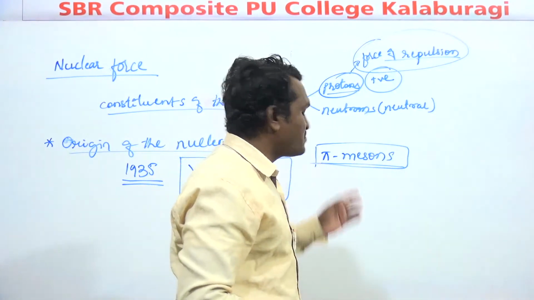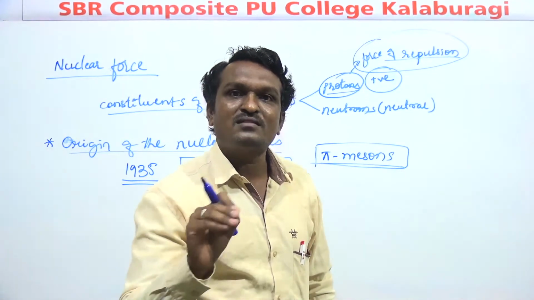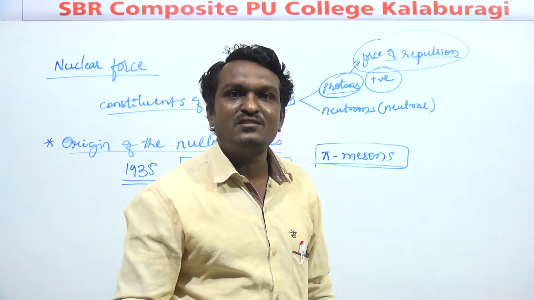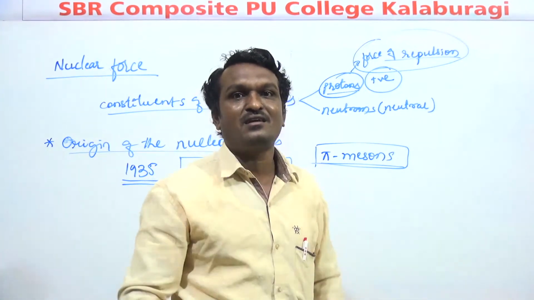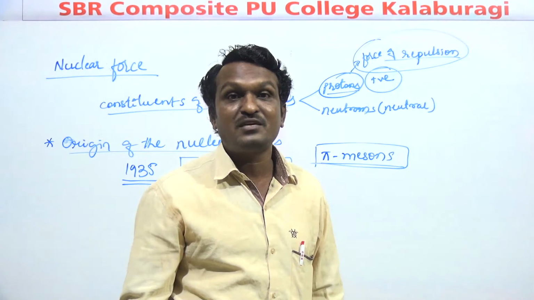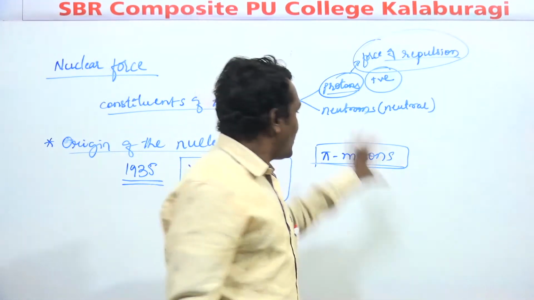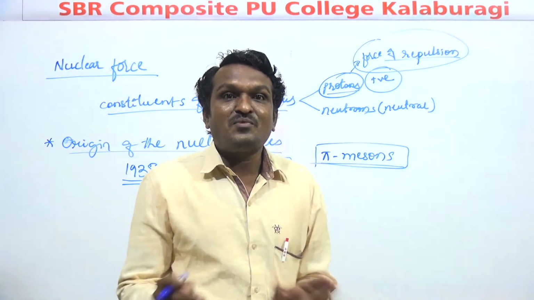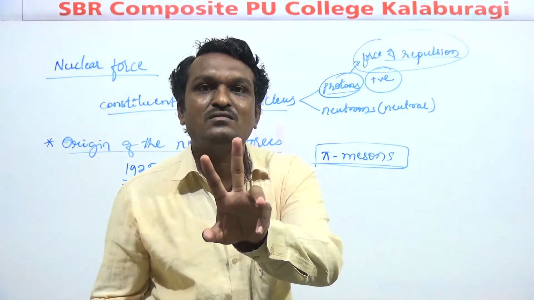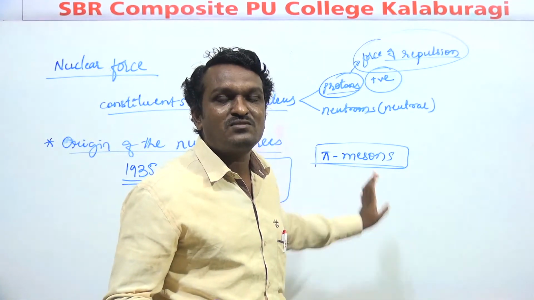But now I am explaining that not only protons and neutrons, we have some other particles also. That is pi meson. So the nucleus is not composed of only protons and neutrons. Now I am introducing one more particle, called the pi meson.